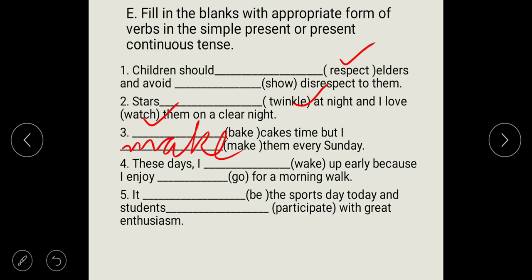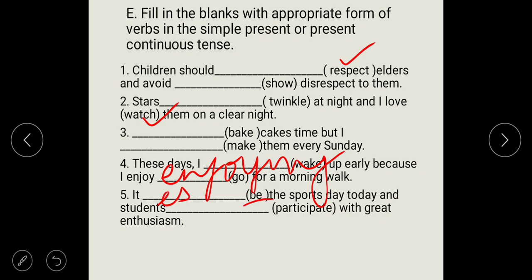The B form is present tense. It is sports day today, and students are participating with great enthusiasm. Students are participating.